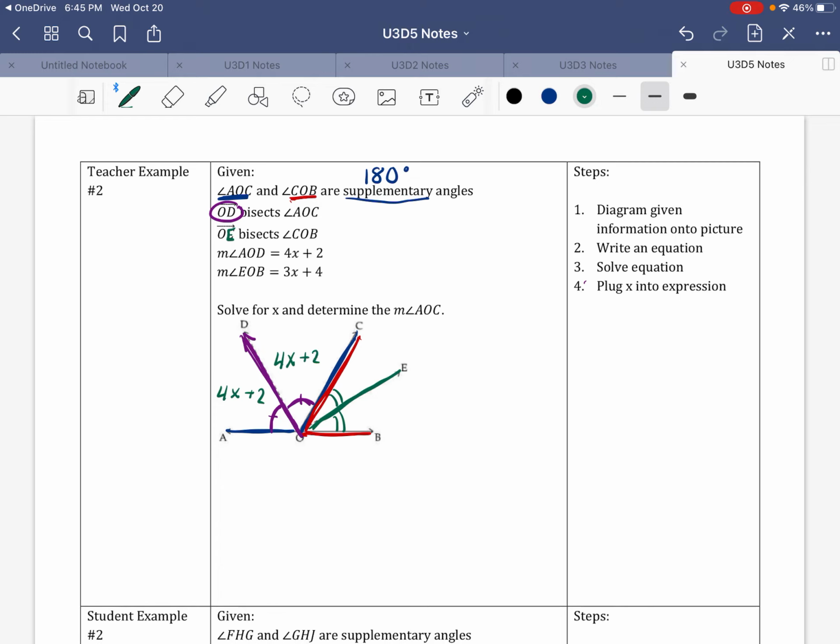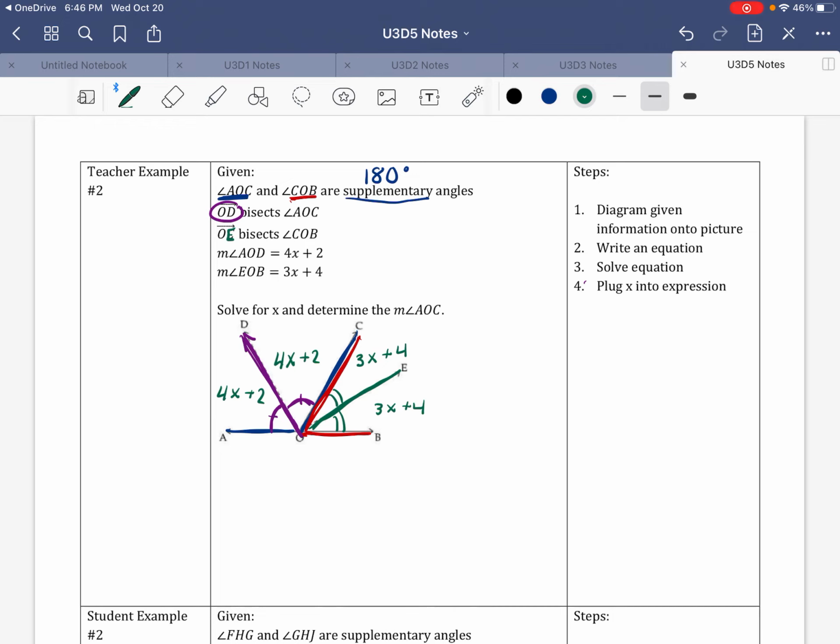We know that EOB is 3x plus 4, and that COE is congruent. It will also be 3x plus 4. So we used a property of bisectors to identify that AOD and DOC will both be 4x plus 2, and the property of bisectors to know that COE and EOB are both 3x plus 4.